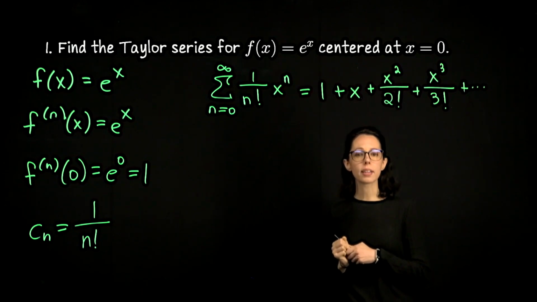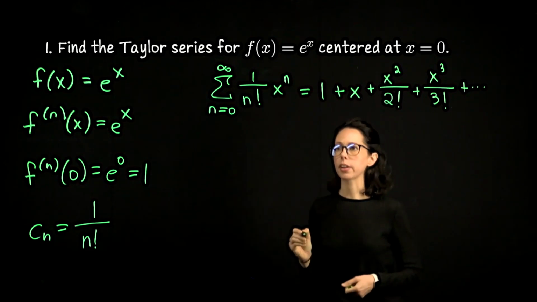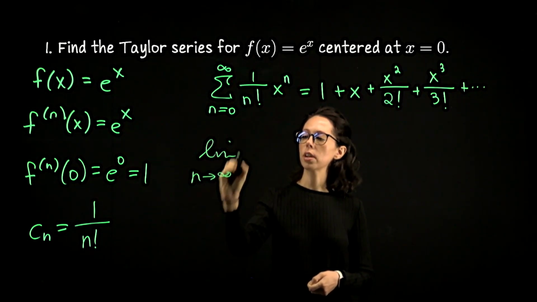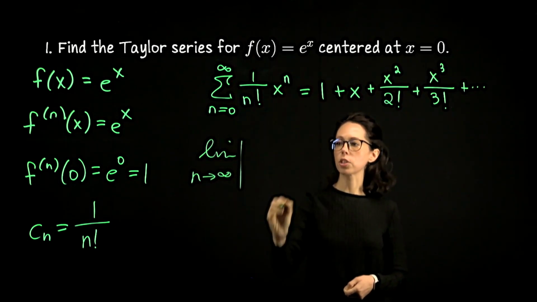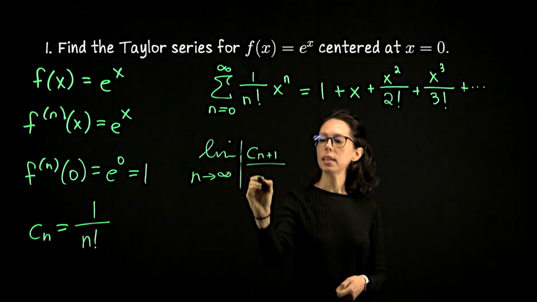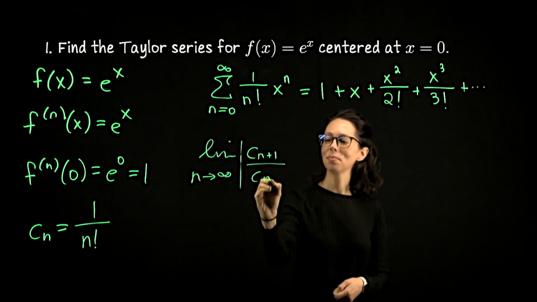Let's find the radius of convergence for this Taylor series. For this, I'm going to do the version of the ratio test that just involves looking at the coefficients. So let me do the limit as n goes to infinity of c sub n plus 1 divided by c sub n.